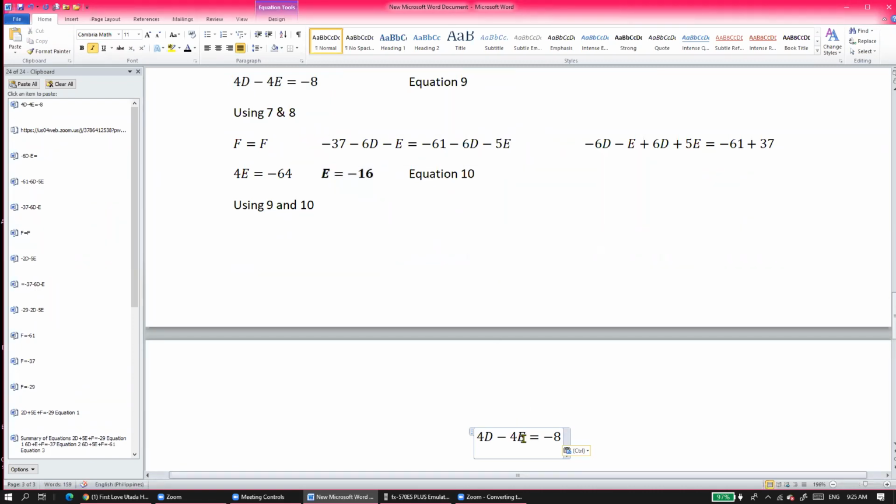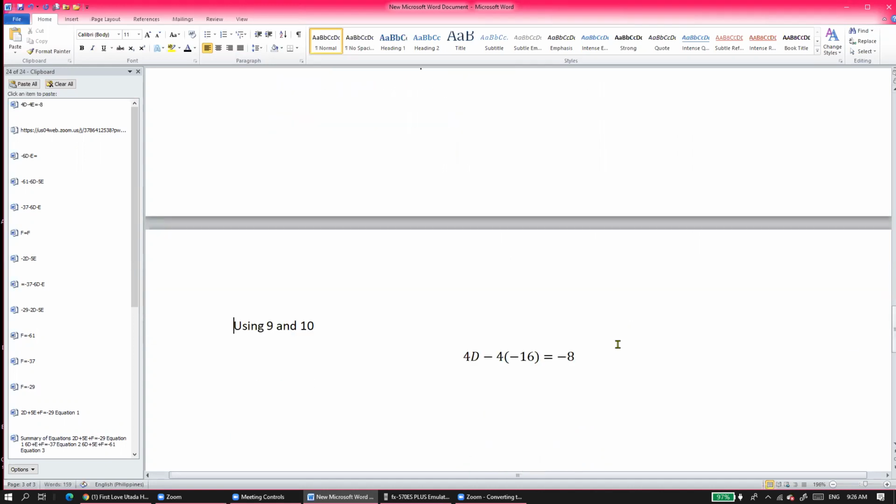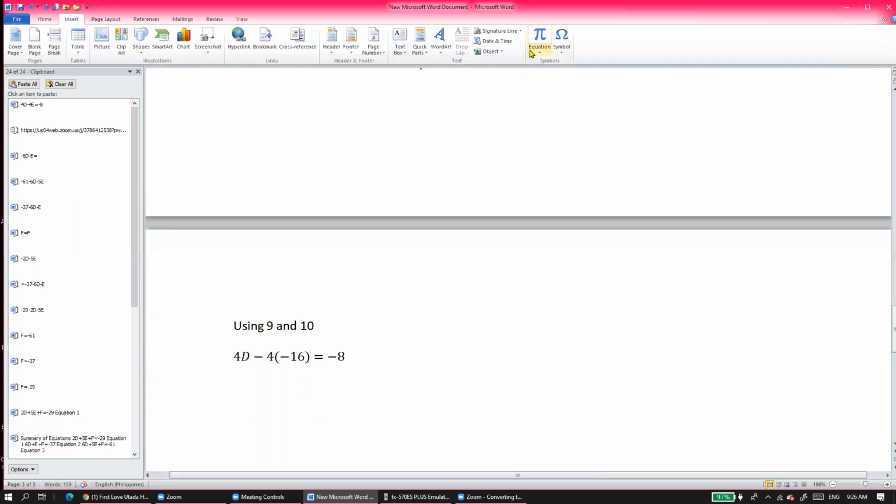So ang e dito sa ating equation 9, papalitan ko lang ng negative 16. So substitution process tayo. So mahanap na rin natin ang value ng ating d, dahil nahanap na natin ang value ng e. So write ko lang yung equation natin.